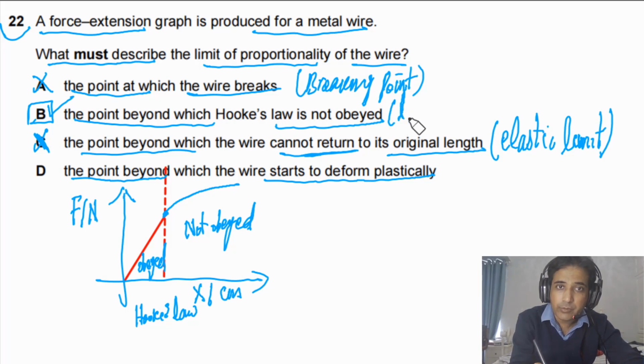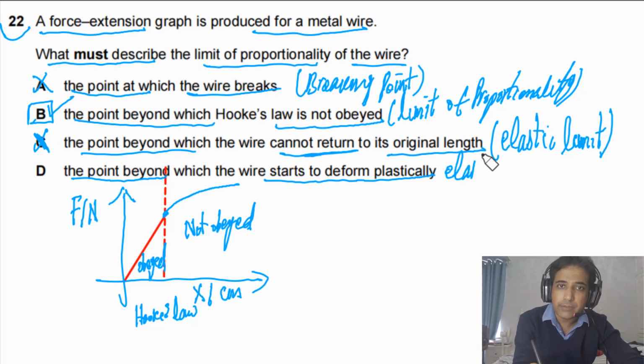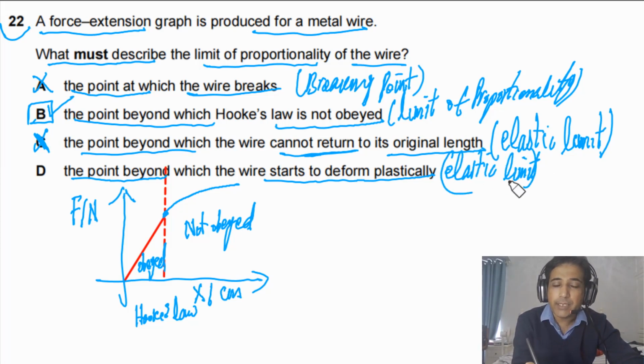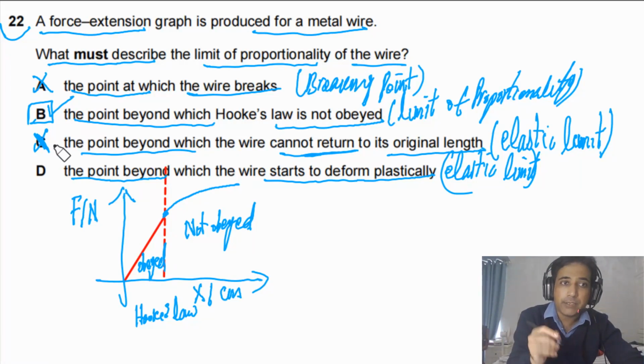So this is the limit of proportionality, and this is another way to say elastic limit as well. Until that point it is behaving elastically, after that it is behaving plastically. So the answer for this one has to be B. I hope this makes sense.